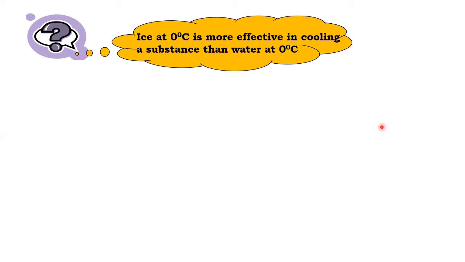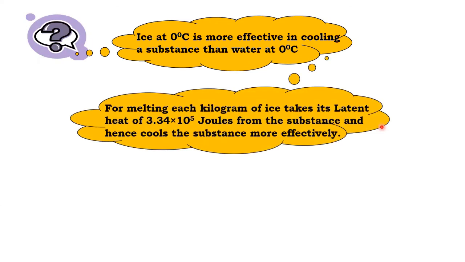So ice will first take the latent heat energy of fusion and then it will take the rest of the heat energy. But water will simply take the heat energy from its surroundings. And therefore what we can say is, ice is more effective in cooling as compared to water. I hope you have understood it well. What happens is, for melting, each kilogram of ice takes its latent heat of 3.34 into 10 power 5 joules from the substance and hence cools the substance more effectively.